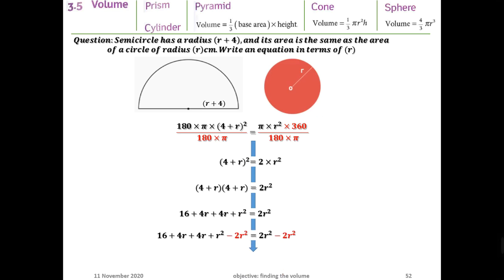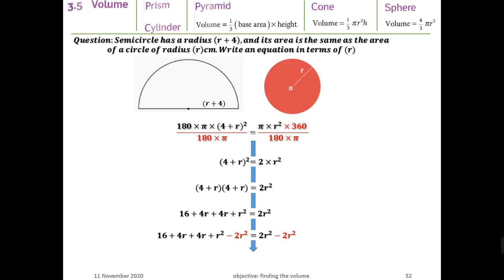Now, when we subtract, it's going to be on the left side, so the right side is 0 and that's what I want. On the left side, there is no other like term to 16, so 16 is going to come down.